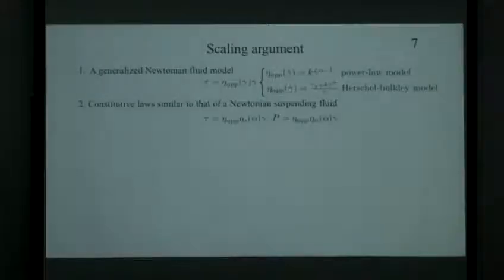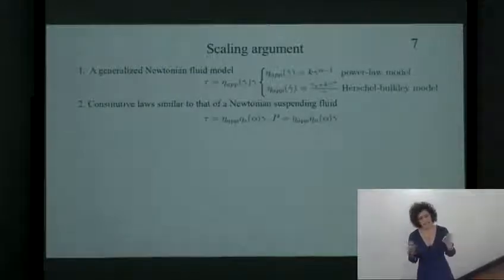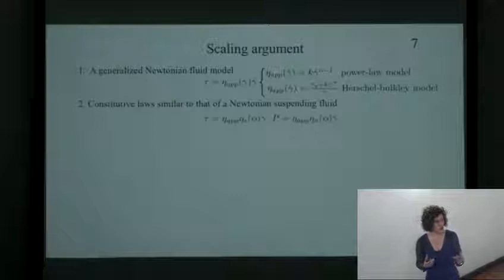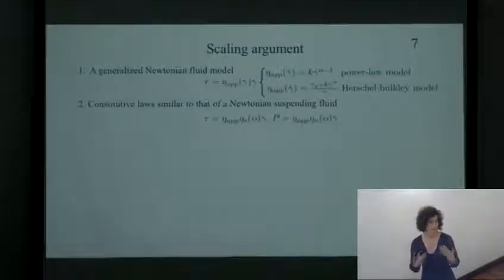So now what I want to do is add particles into this generalized Newtonian suspending fluid and ask this question: what is the bulk rheology of this suspension? Imagine in the dense regime of particles, I can assume that the dynamics of the particles is controlled by the geometrical constraint in the leading order.